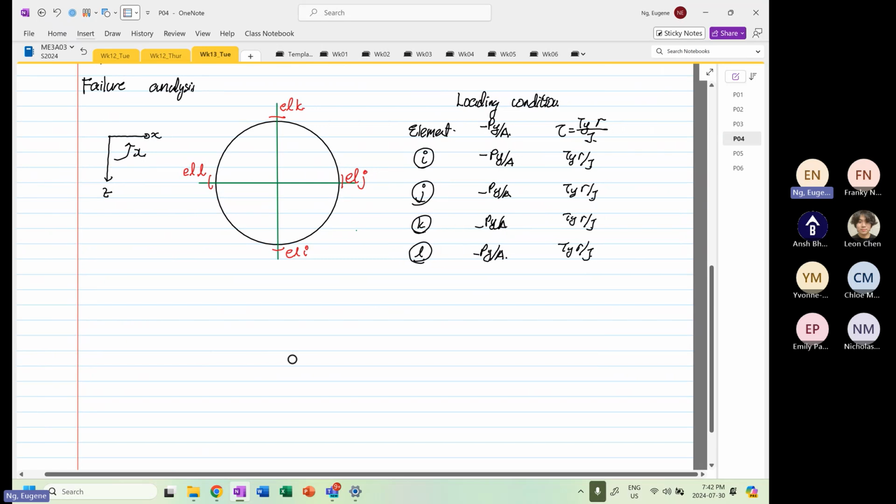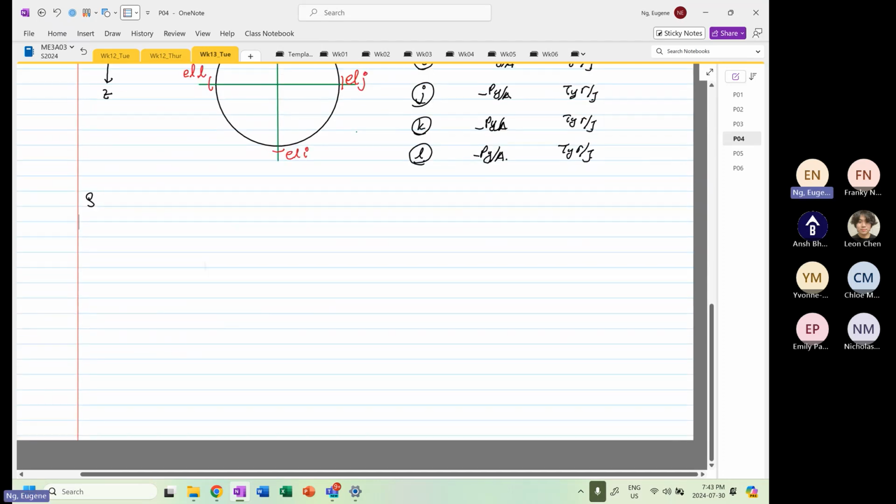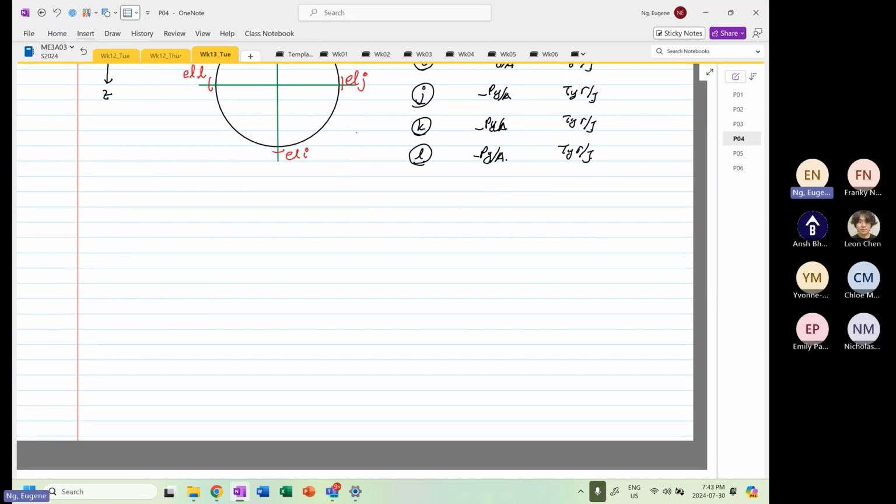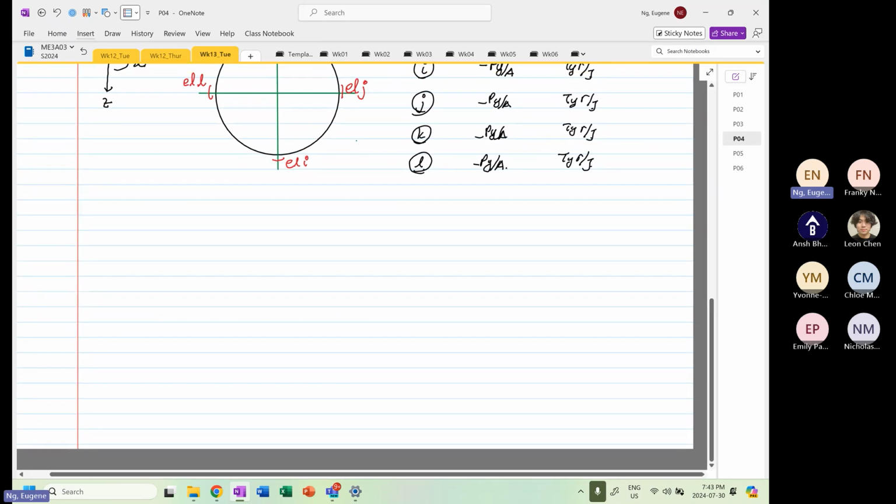You can pick element J, K, it is all the same. You can select anything because the loading condition for any of the elements is the same. The stress magnitudes are all the same.